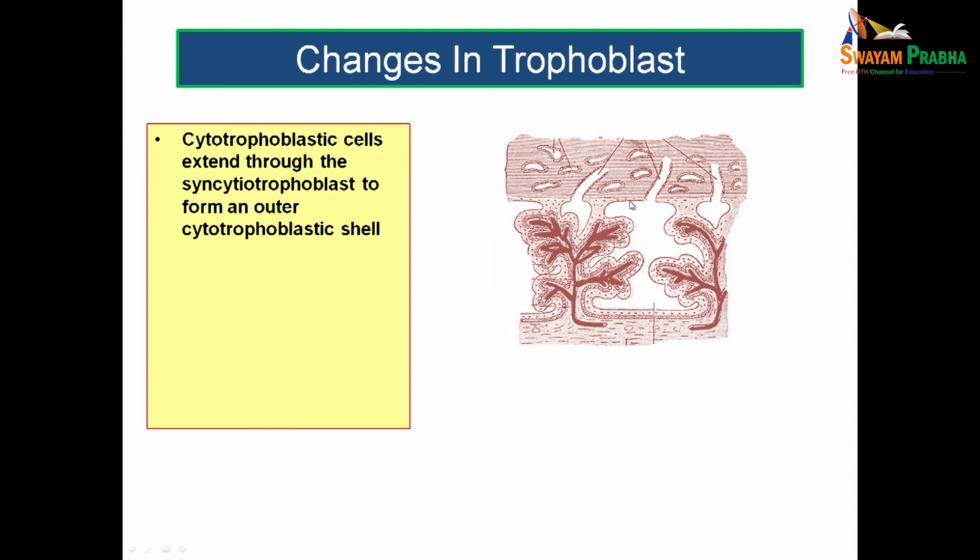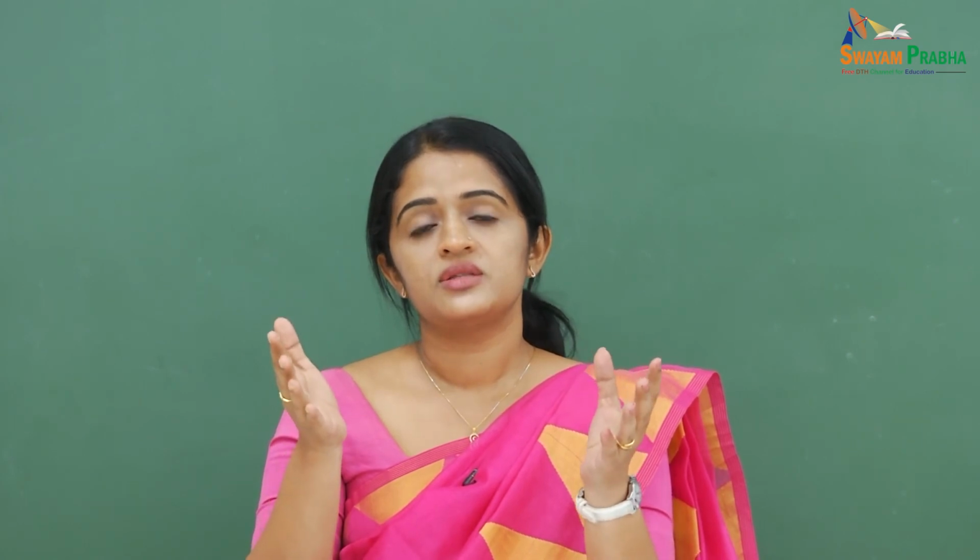So, the cytotrophoblast from the fetal side will go through the syncytial trophoblast and reach the outer aspect. When it reaches the outer aspect, it will coalesce with the other cytotrophoblastic cells, and ultimately you will get another cytotrophoblastic shell formed, that is known as the outer cytotrophoblastic shell.